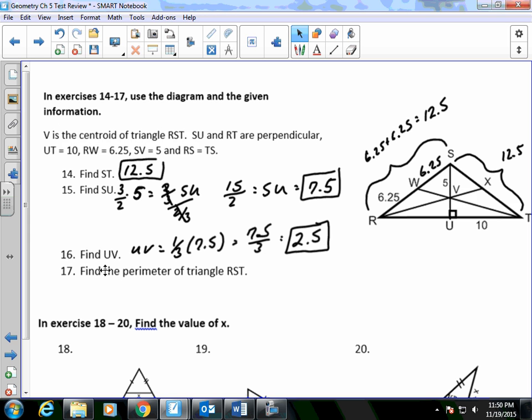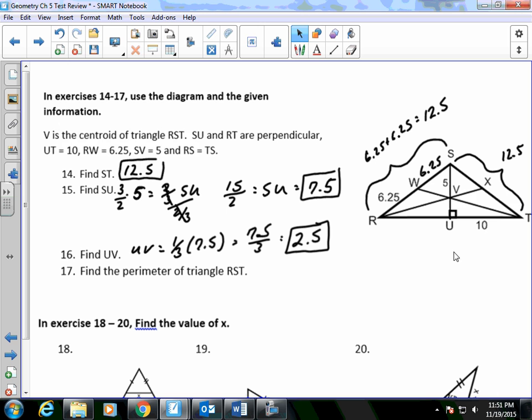And now lastly, find the perimeter of triangle RST. So we need to add up all three sides. We know this is 12.5, 12.5, and then we got 10 here from U to T. But SU, since it goes to the centroid, has to be a median, meaning that U would be the midpoint of RT.